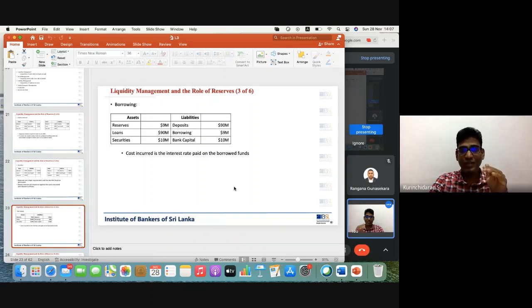Something may go against your expectations. That means customers redeem their deposits beyond your expectations. Then you have to borrow. So you have to think about the avenues where you can borrow and what the cost of borrowing is. That should be in the ALCO.